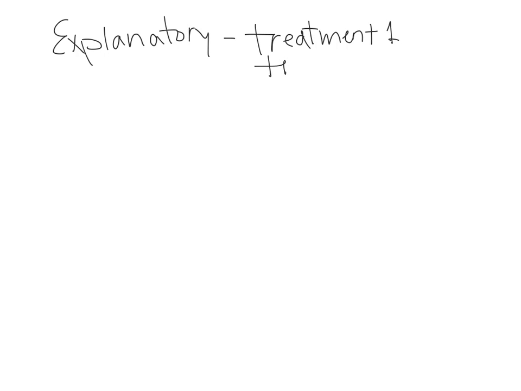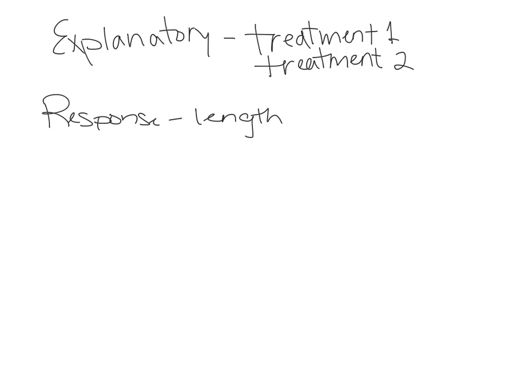So we'll look at the explanatory variable first. In this case, they are comparing the 2 treatments. So the patients are going to get either treatment 1 or treatment 2. And then the response is the length of life after the treatments.